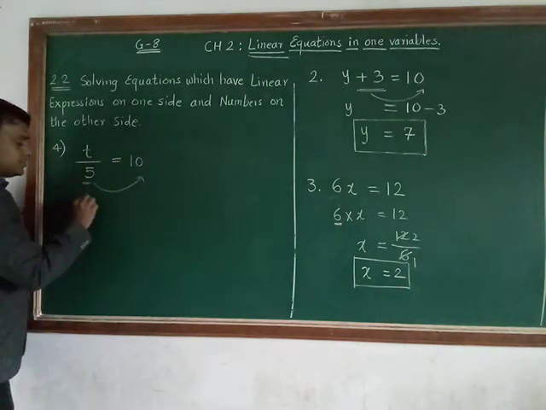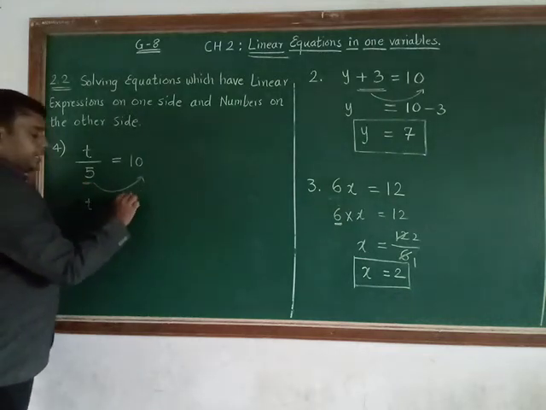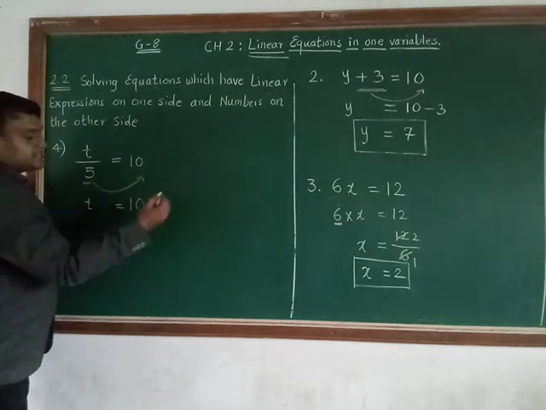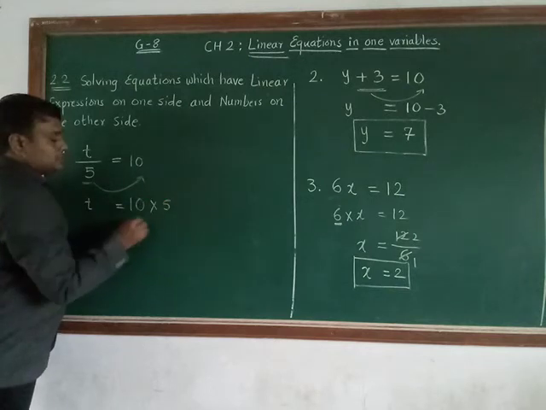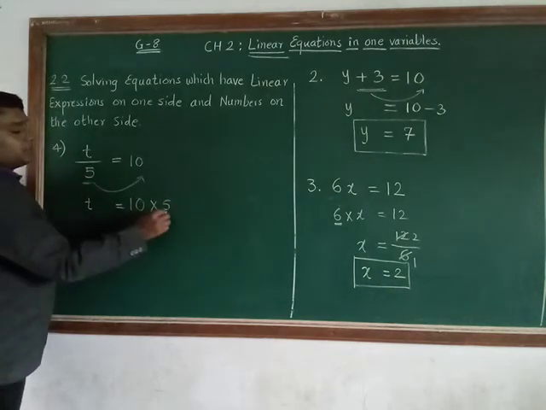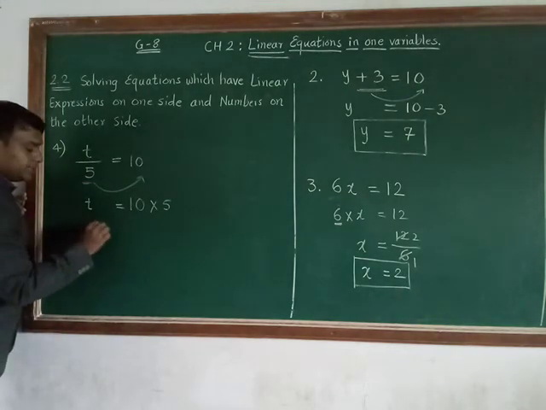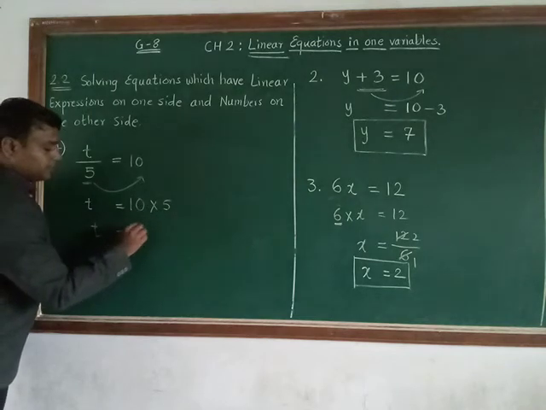So let us transpose. t as it is, equal to 10, and we transpose that 5 to the right hand side, that means 10 into 5. So that dividing number is going to be multiplied over here. So what we got here is t is equal to 10 5s are 50.